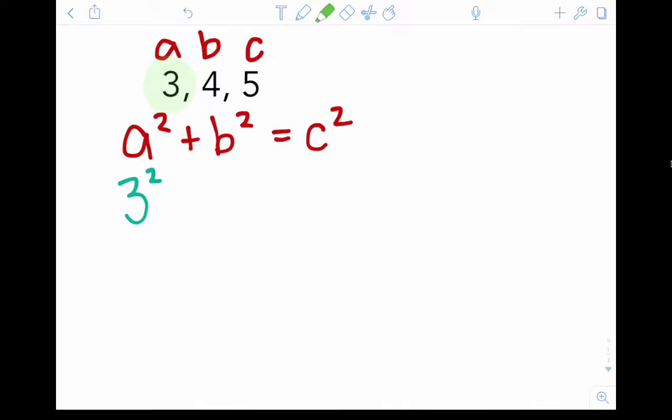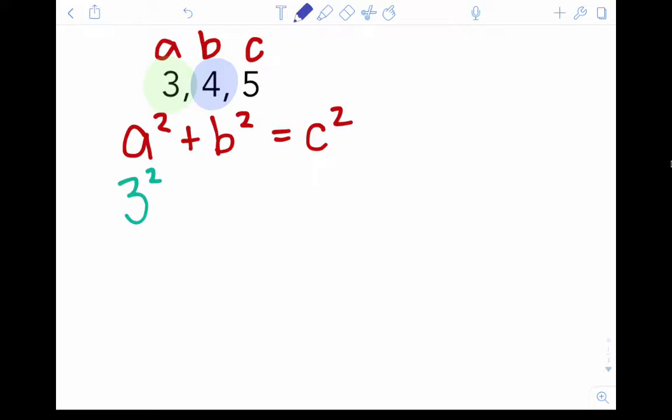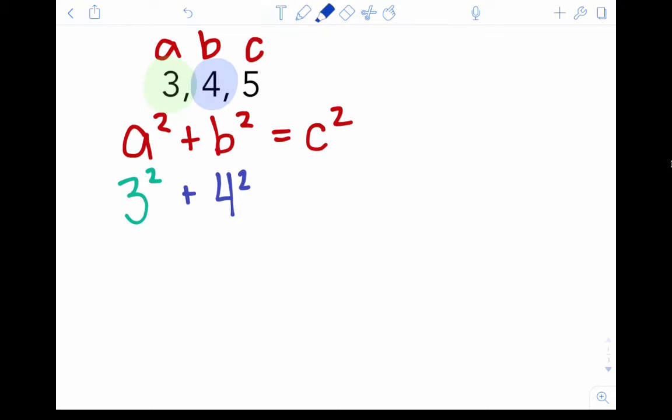Now I'm going to take b and plug it in for b, so I have 4 squared right here, and I'm adding. And now finally, I'm going to take c and plug it in here. So my equation is 3 squared plus 4 squared equals 5 squared.